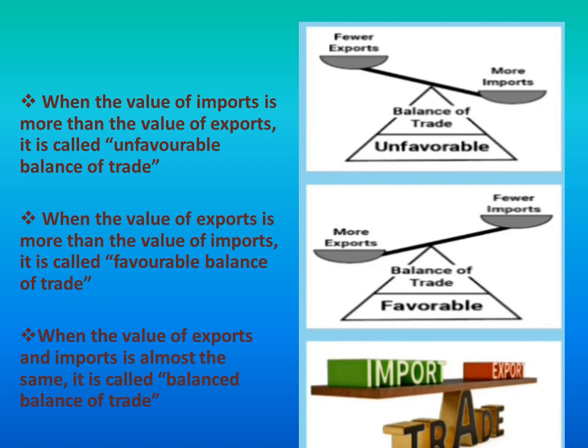So this balanced balance of trade is a condition in which an economy runs neither a trade surplus nor a trade deficit. So it is called as balanced balance of trade.